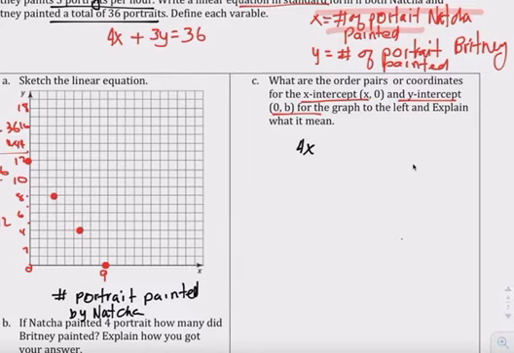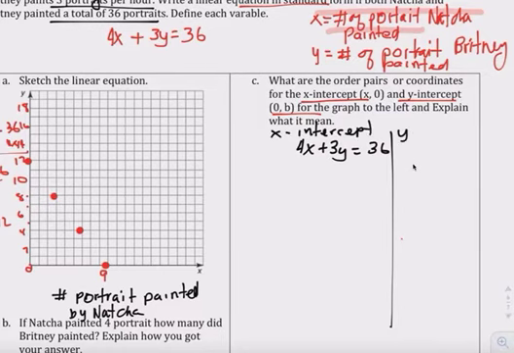You can do 4x plus 3y equals 36 to find the x-intercept. And then you can find the y-intercept. 4x plus 3y equals 36. You want the x, so y is 0.